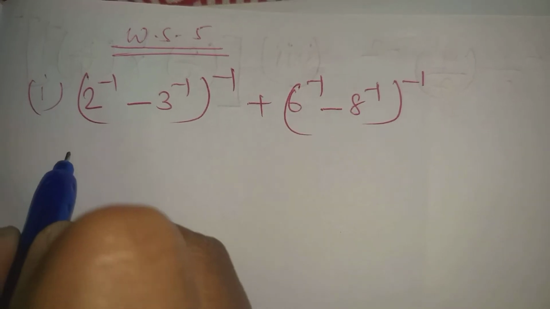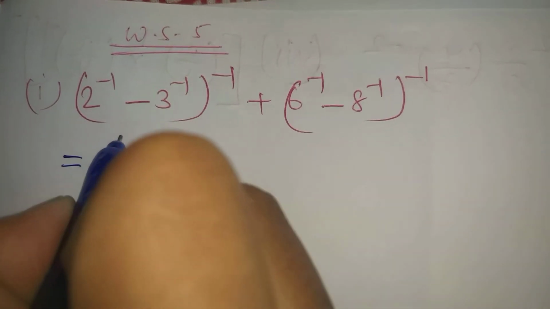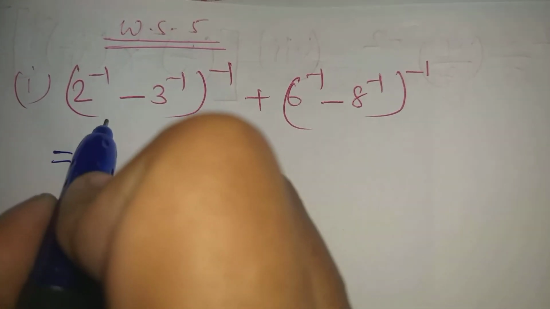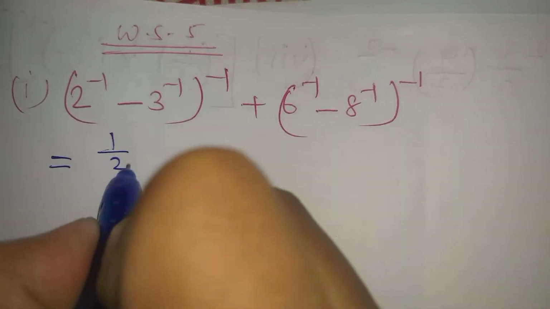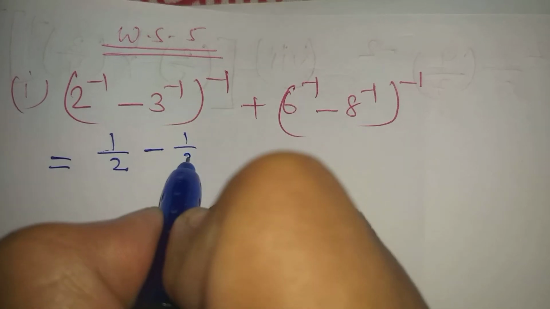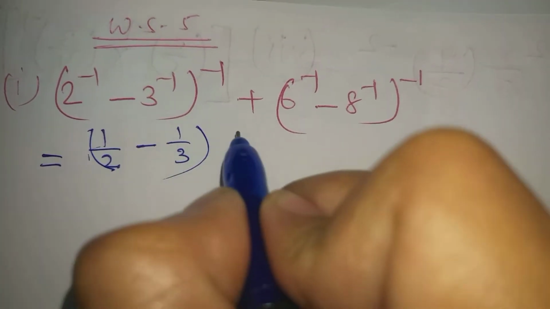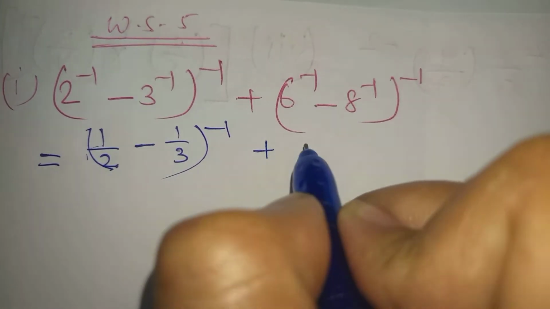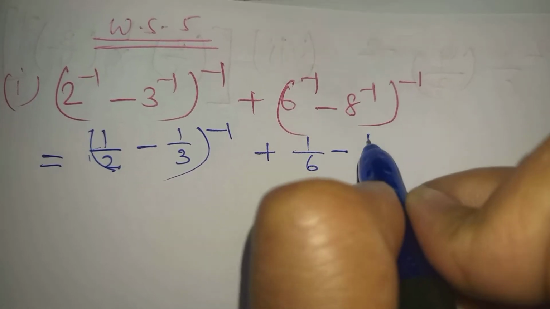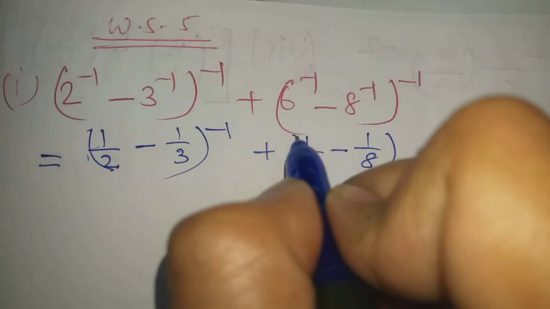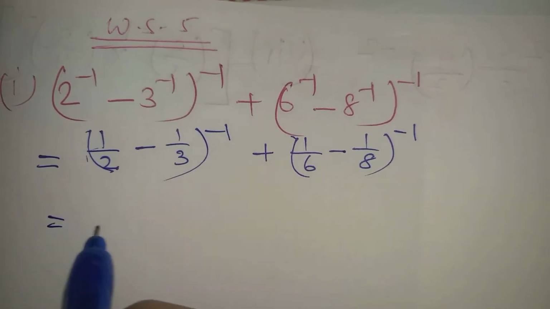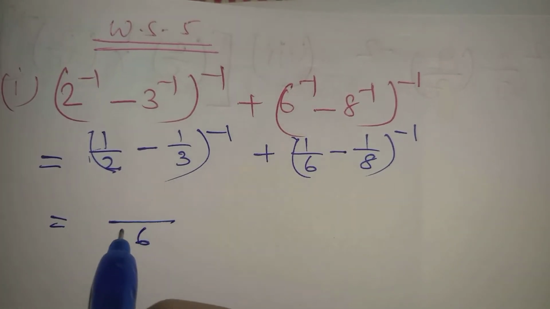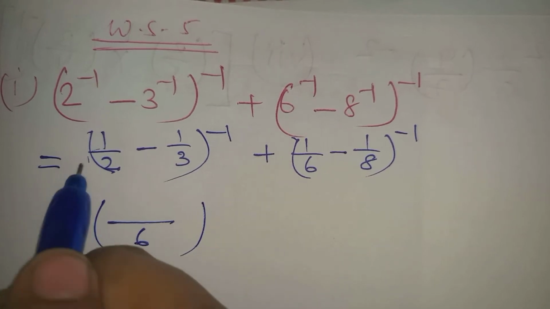Then we may write 2 to the power minus 1 from law 1 as 1 by 2, minus 1 by 3, whole to the power minus 1, plus 1 by 6 minus 1 by 8, whole to the power minus 1. At first we have to write their LCM, so we will write 6.